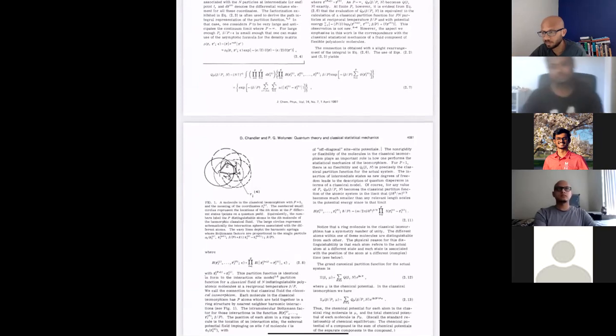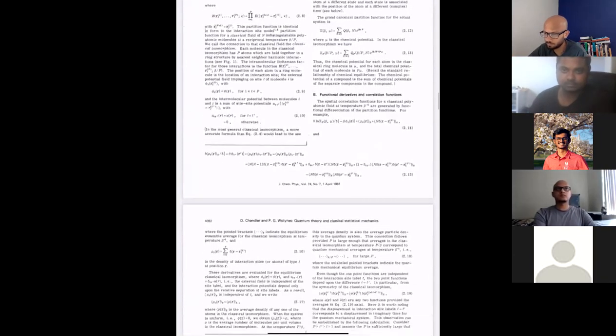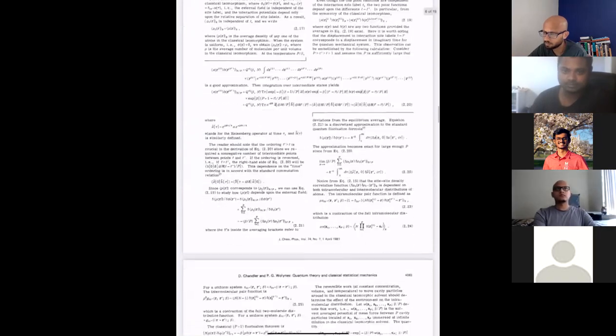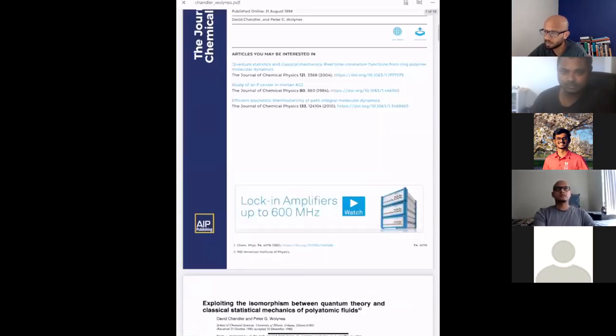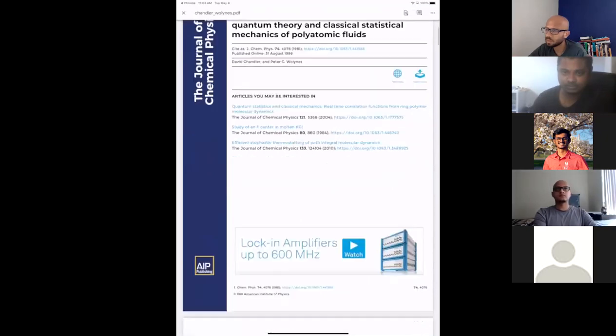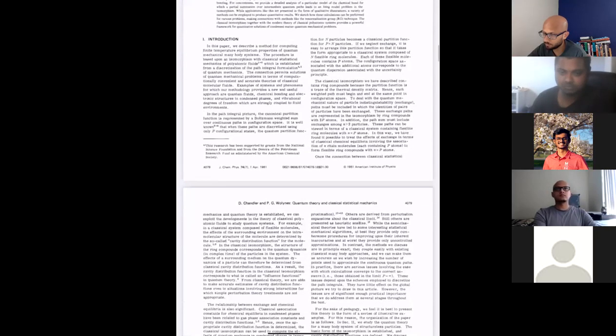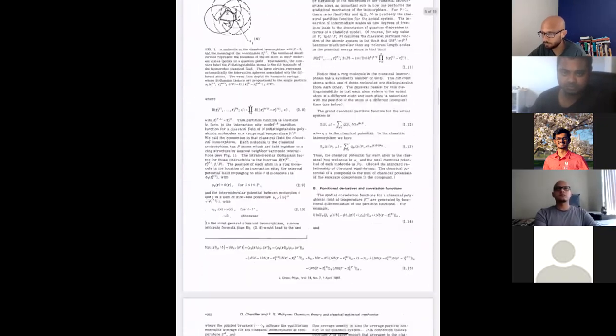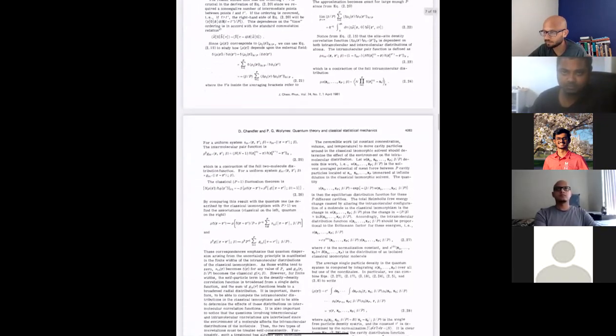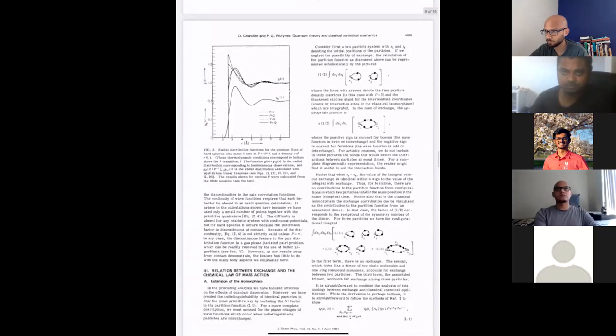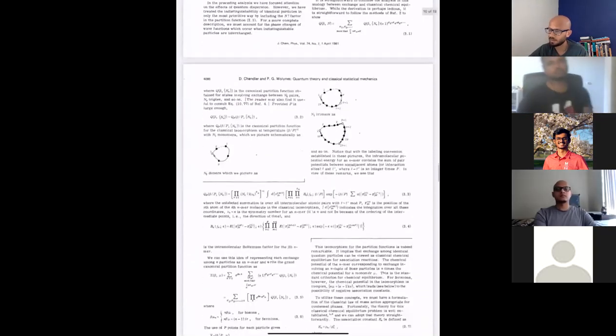So if you like quantum mechanics, then I think you will like this paper more than the others. It's a very famous approach. It leads to a method called path integral molecular dynamics, PIMD. So this is a very, very interesting paper. It's long, but if you enjoy quantum mechanics, you might find this paper to be extremely interesting.